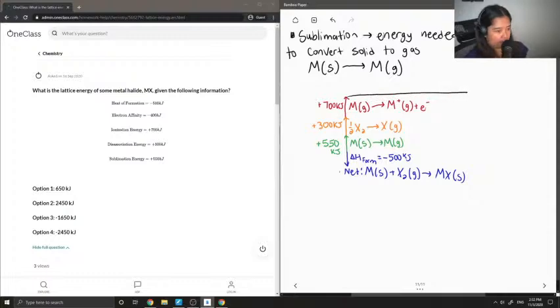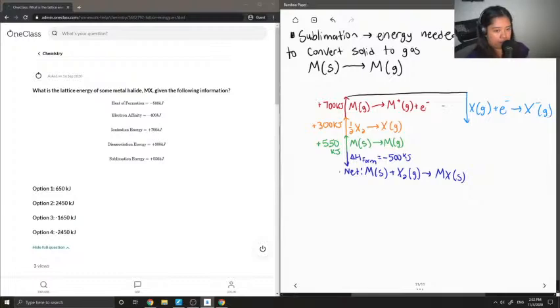I'm going to draw the other half of our Born-Haber cycle. So going down, what released energy was our halide gaining an electron to become a negatively charged species.